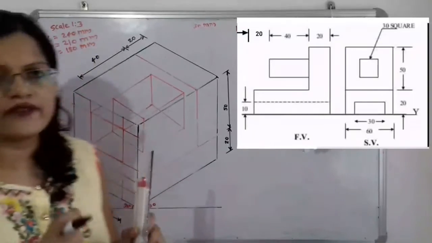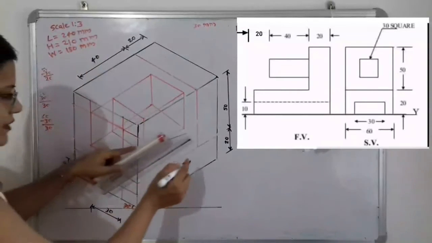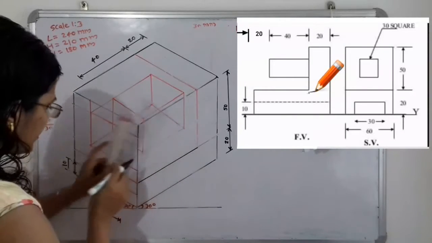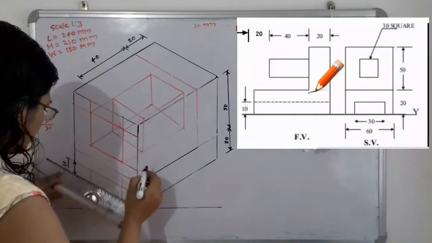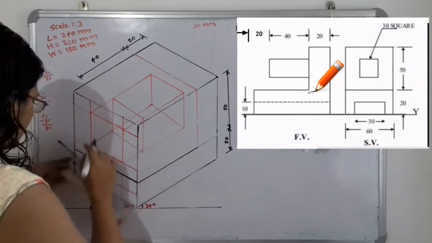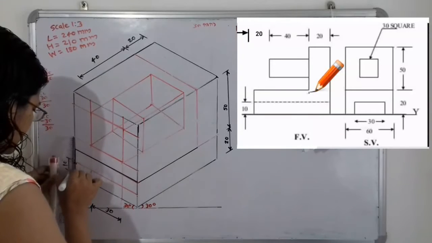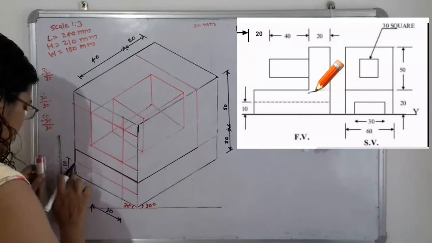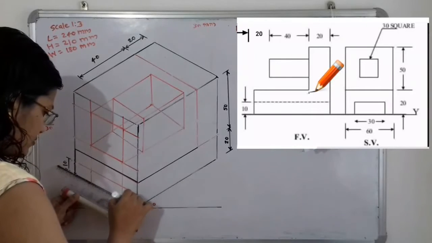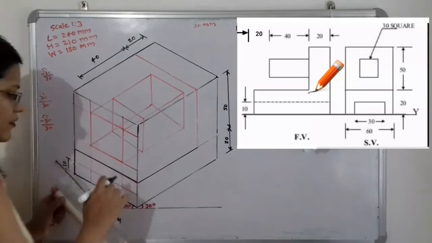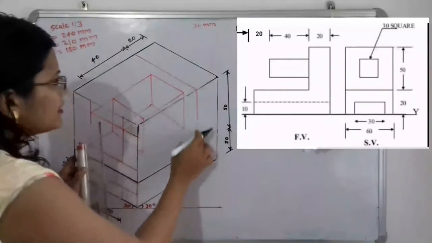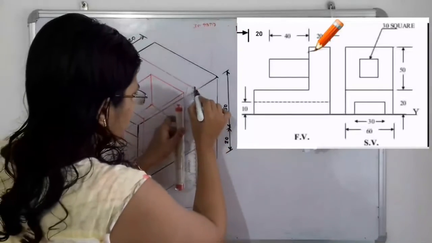So if we observe the front view, first we will highlight the base. So here is the base. Up to this point we will mark here with the help of the dark marker. Now here is also the construction, because in the front we can clearly see this is the construction part.